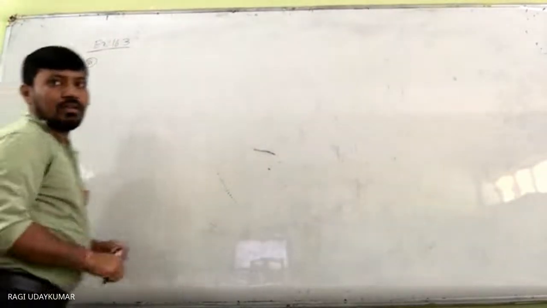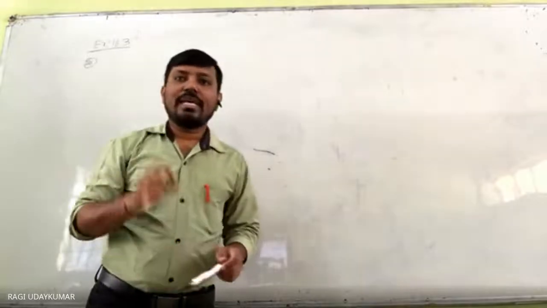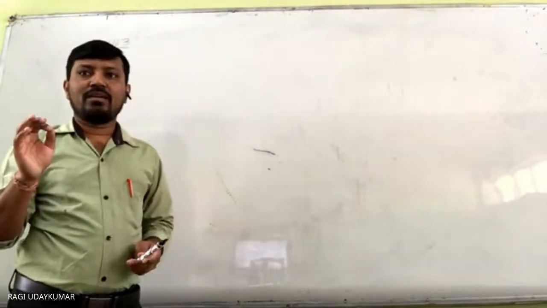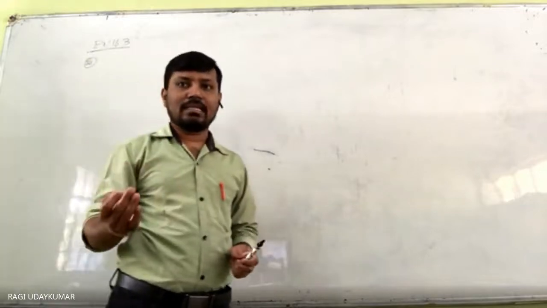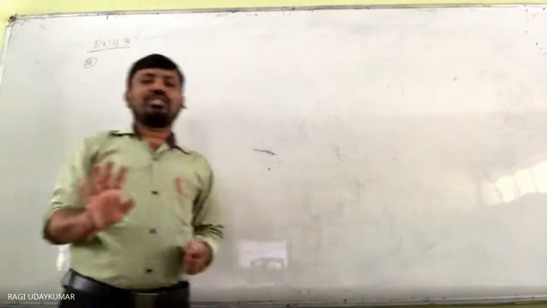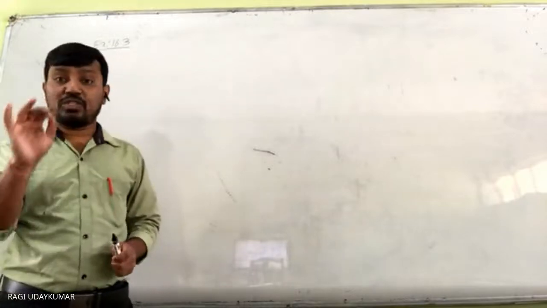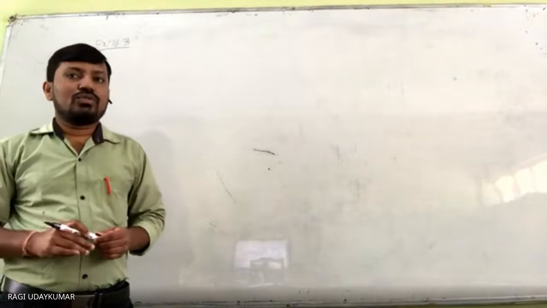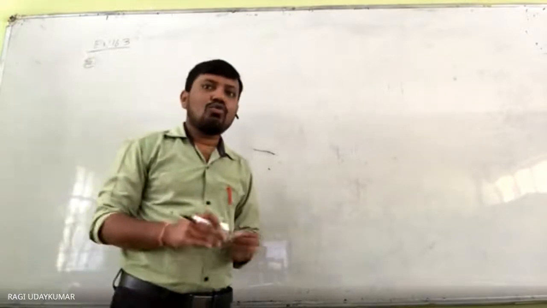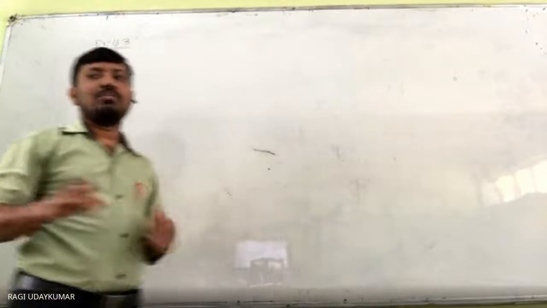In a class of 60 students, 30 opted NCC, 32 opted NSS, and 24 opted both NCC and NSS. See here, these questions are just like sets only. Whatever questions are in the first chapter on sets, they are in the same model.